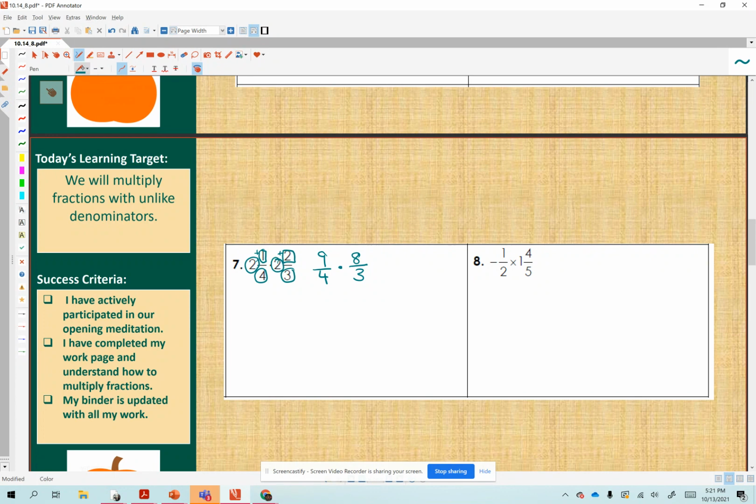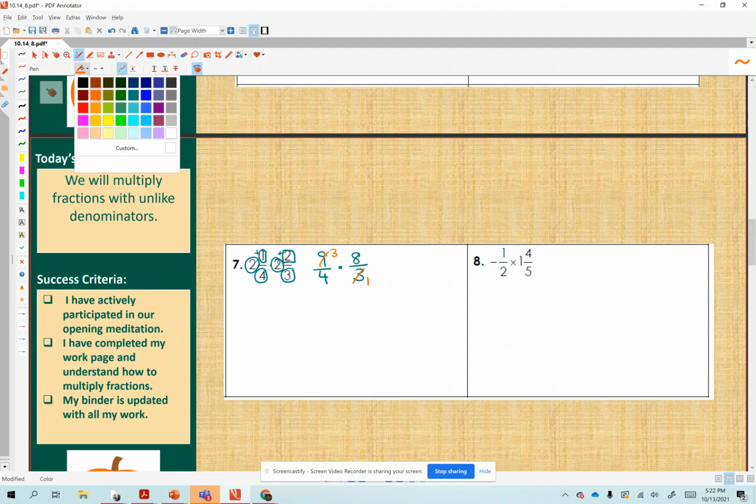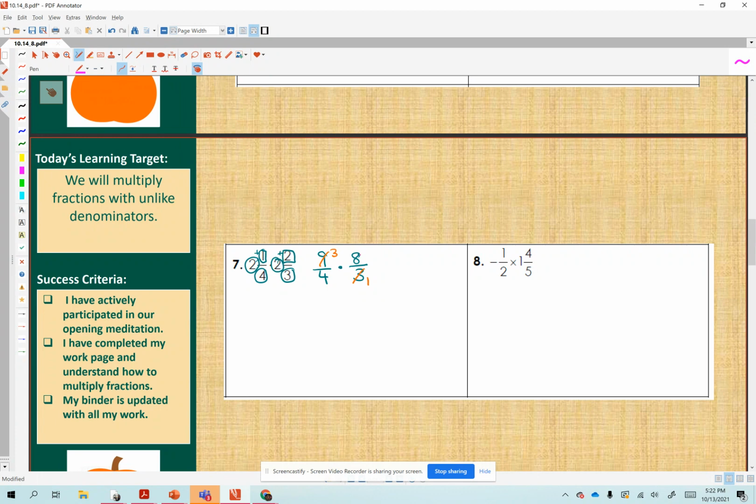So let's go ahead and do that. I change the color. So 3 and 9 are both divisible by 3. So 3 divided by 3 is 1. 9 divided by 3 is 3. And 8 and 4 are both divisible by 2. So 4 divided by 2 is 2, and 8 divided by 2 is 4. Now when I multiply across, 3 times 4 is 12. 2 times 1 is 2, and 12 divided by 2 equals 6, which is our final answer.